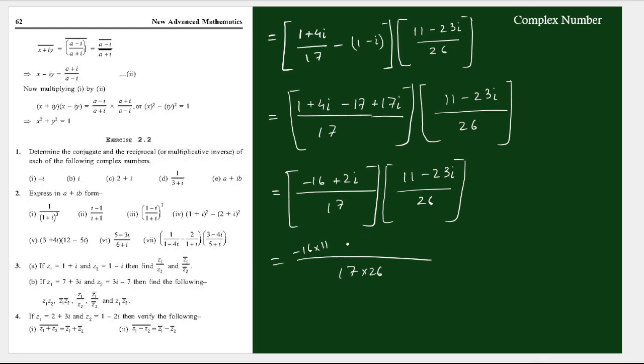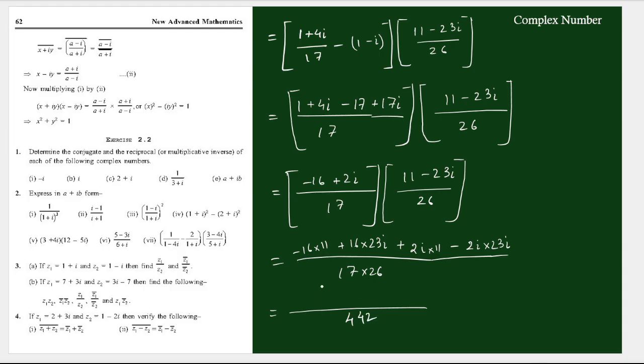Again, minus minus plus, 16 into 23i, plus 2i into 11 is 22i. 2i into 11, plus into minus, 2 into 2i into 23i. Now 17 and 26 is how much? We get 442.